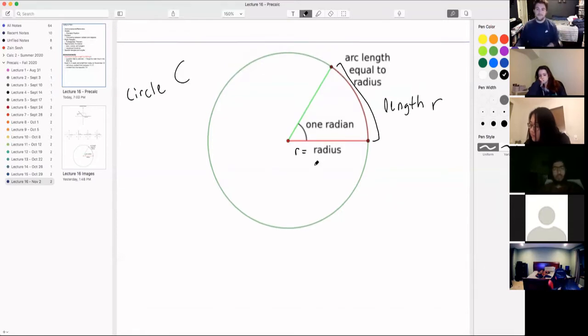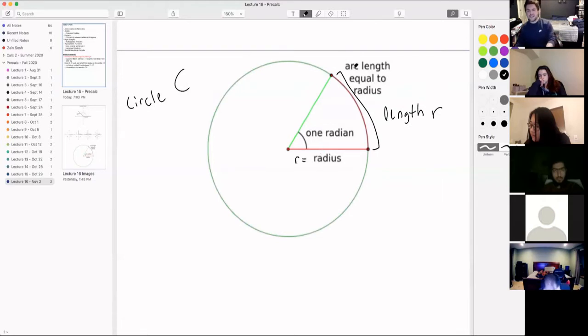The arc is this darker red piece right here.